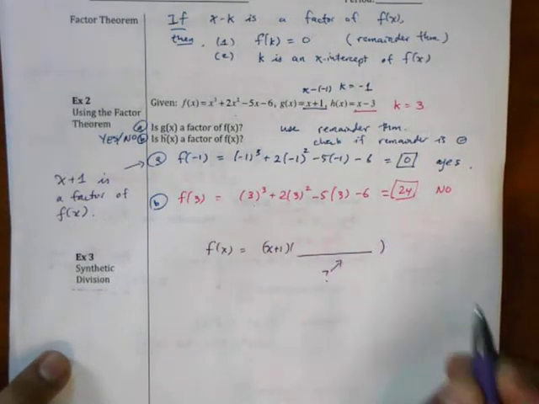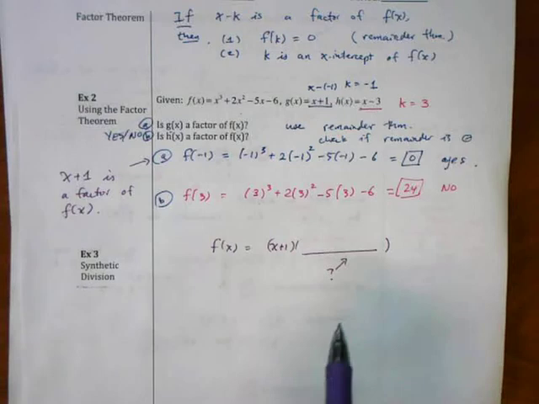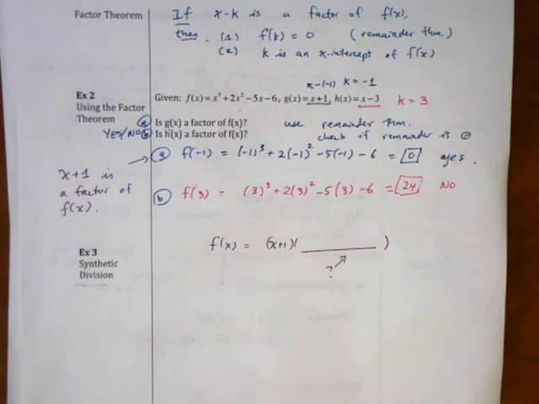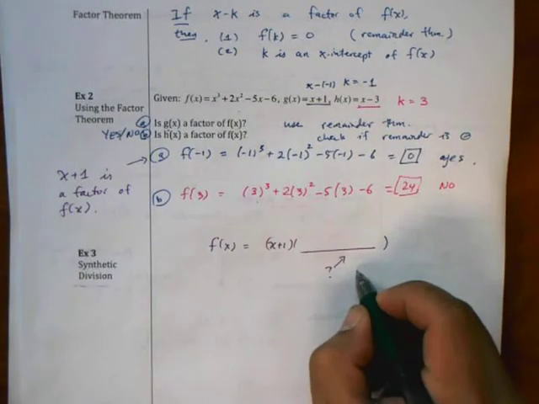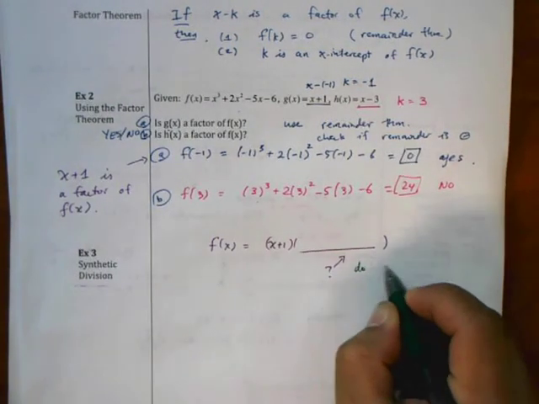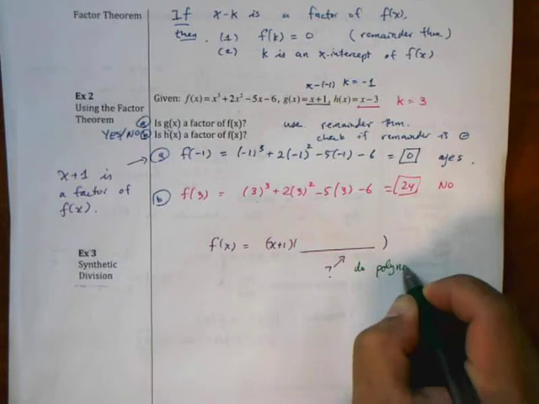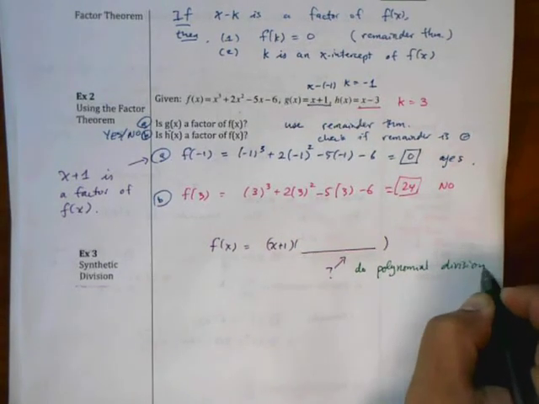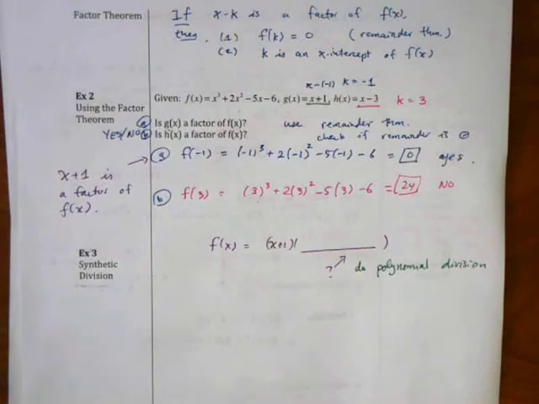What is this factor? Well, if we want to find this, we need to do division. In order to find this expression, we need to do polynomial division. So let's do that right now.